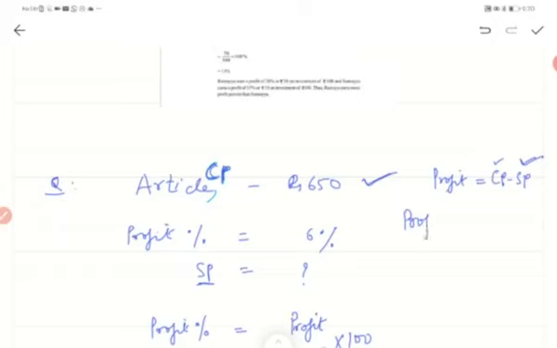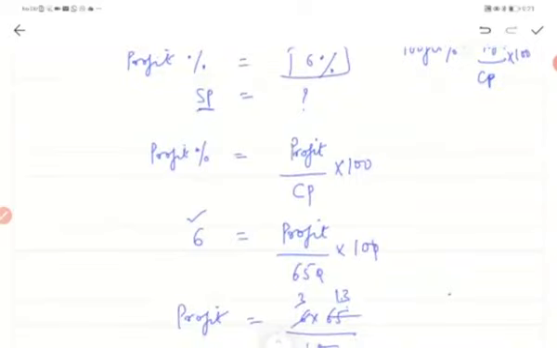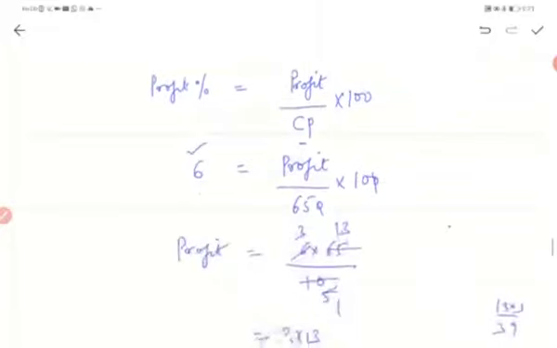We also know that profit percentage is equal to profit divided by cost price into 100. The profit percentage is 6%, isn't it? So I have substituted that 6, and the profit we need to find, and the cost price is given, it is 650, into 100.